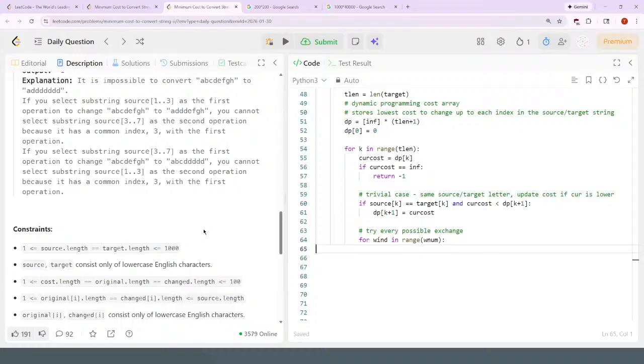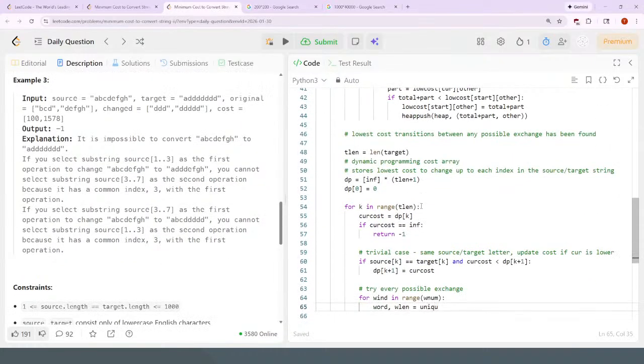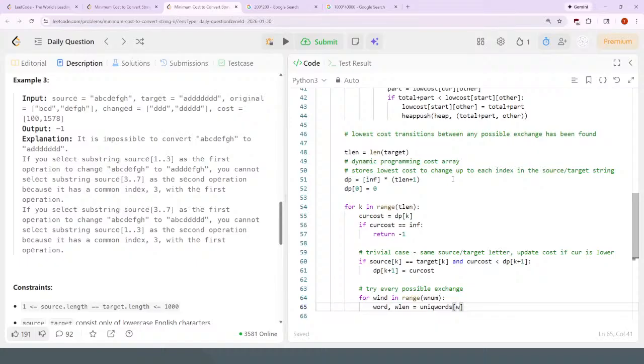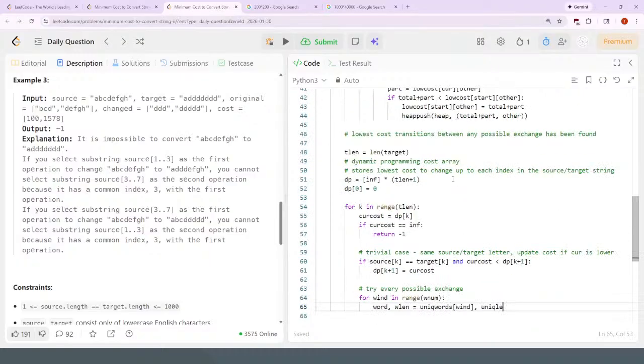Word index in range. I'll say the word itself and the number of letters is based on the unique words of this index, and the unique lengths of this index.